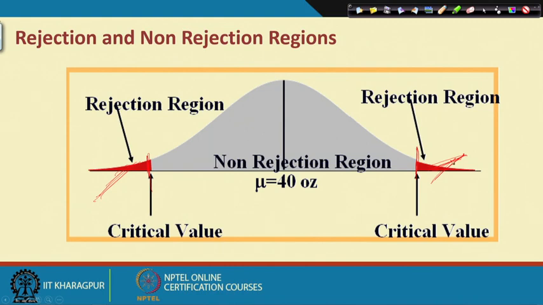The rejected zone means it is the question of rejecting the true null hypothesis, and if you are not rejecting the true null hypothesis, then it will be in the accepted zone. In that case, you are not in a position to reject the null hypothesis, so you finally accept the alternative hypothesis.